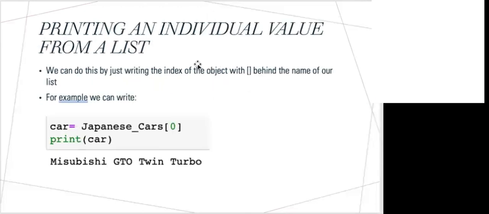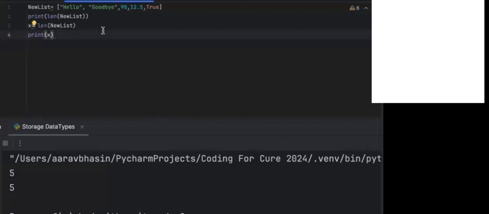Next, let's end up printing an individual value from a list. We've seen how to add and delete stuff from a list, but if I want to get a specific value from a list, I can print that value by either setting a variable equal to that specific index of a list, aka what item is in that place of the list, or I can just directly print it. I'll do it once each way.